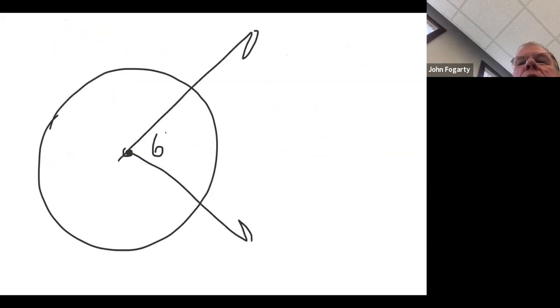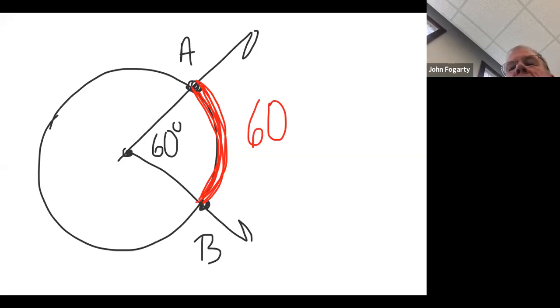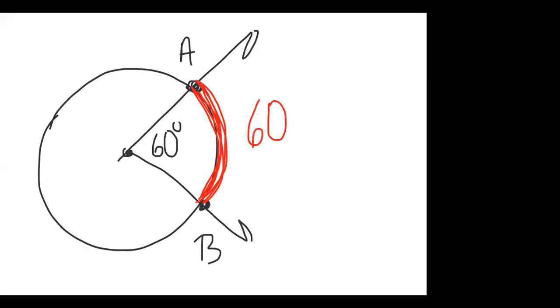Just so you know for next week, we're still going to talk about arcs. So if I told you this was 60 degrees, what's the measure of arc AB? What would this arc measure? 60, right? Yes.